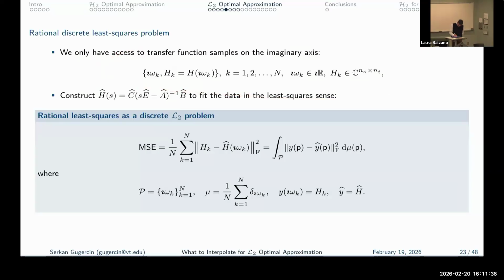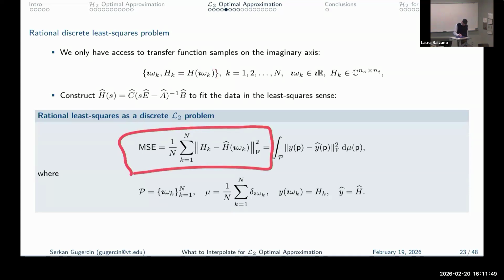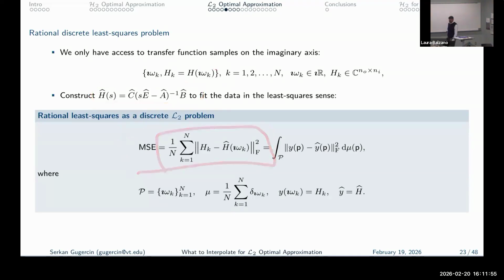So the problem is that I don't have a state space model. I have the samples of my transfer function on the imaginary axis. Then what I want to do is find a rational function, my reduced transfer function, to minimize the least squares error in my data. Rational least squares approximation problem.